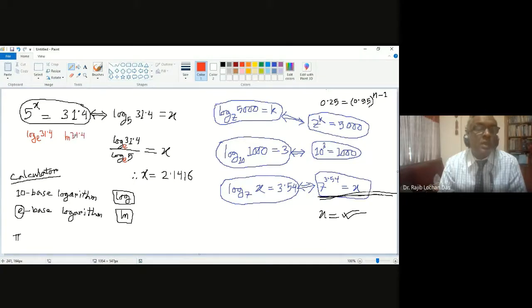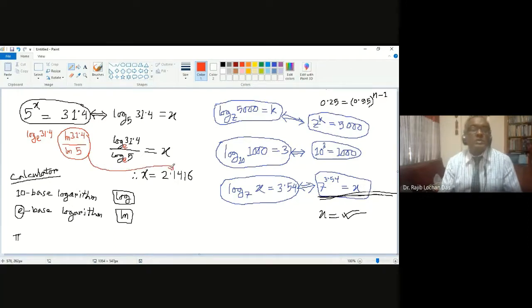No base necessary. Ln is used for e base logarithm. So if you use ln 31.4 divided by ln 5, you will get the same answer, 2.1416. You understand my point?